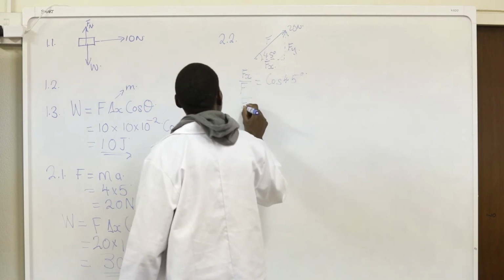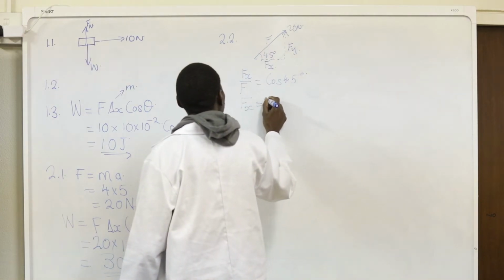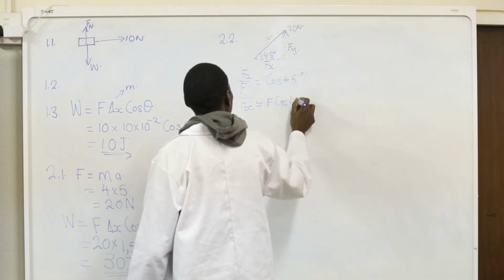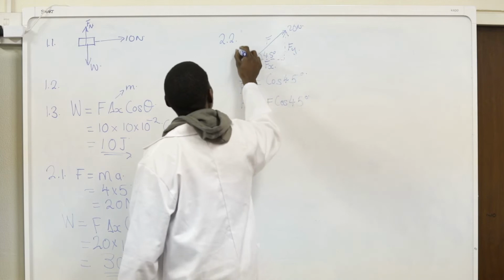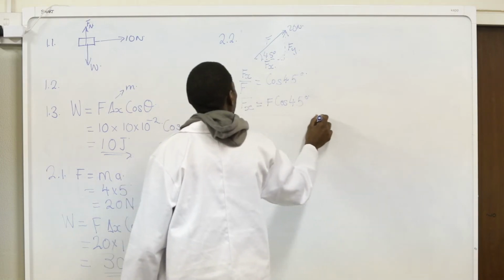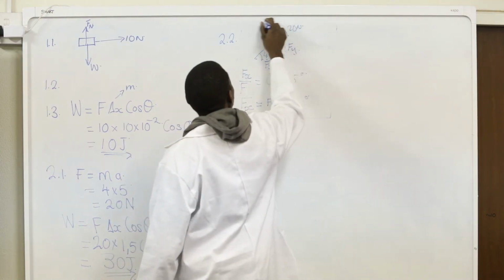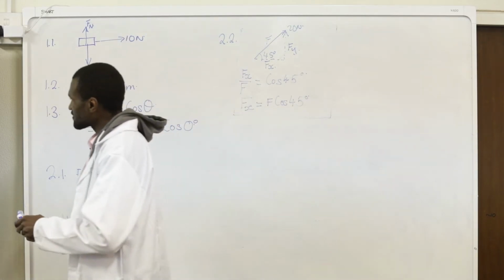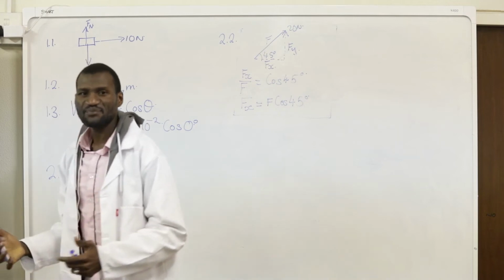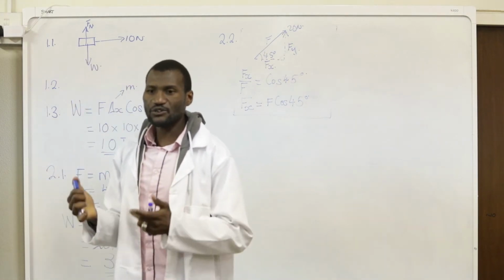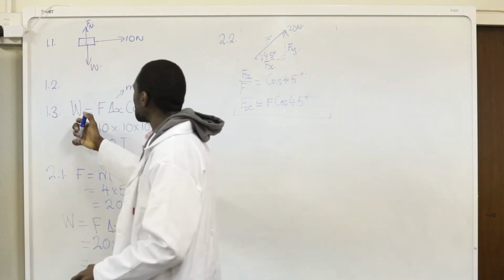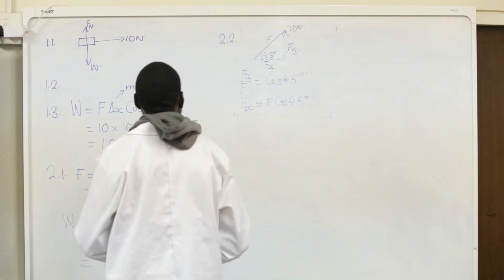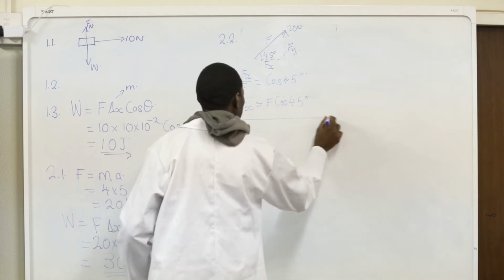So your fx is given by f cos of 45. All right, this is just to remind you on how to resolve forces if you have forgotten that very aspect. But guess what? Our formula already for calculating work done helps us to calculate work done even at an angle.